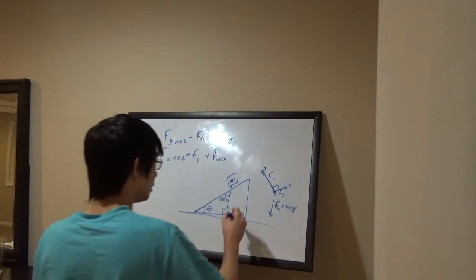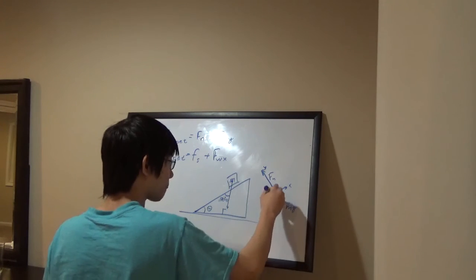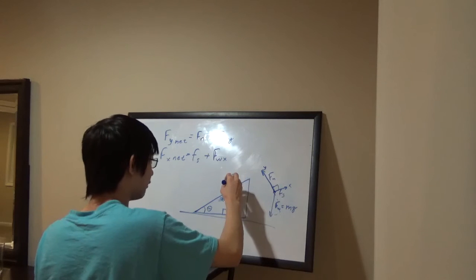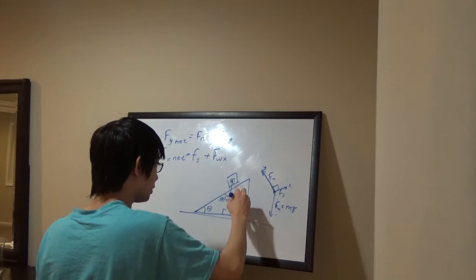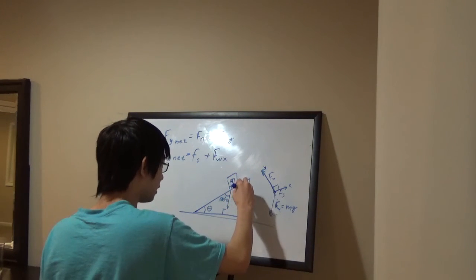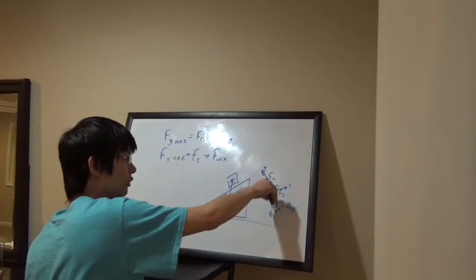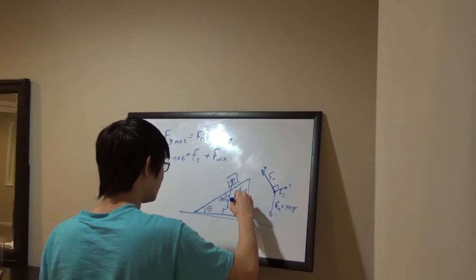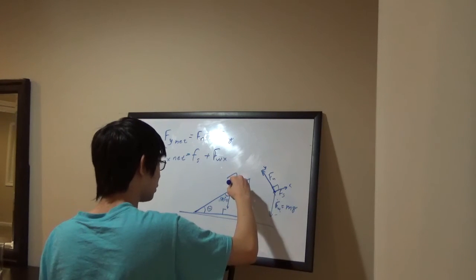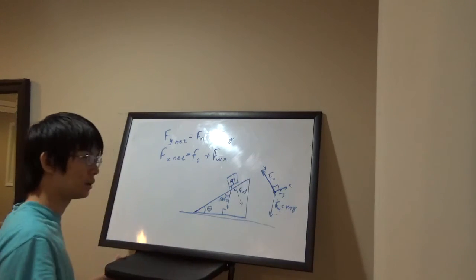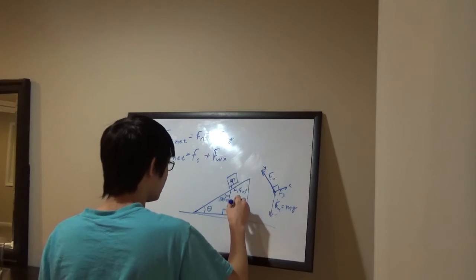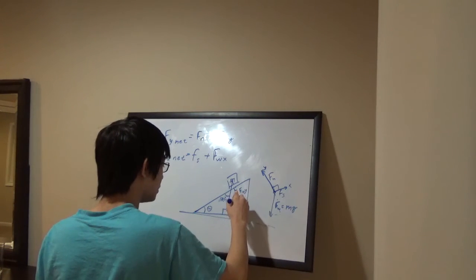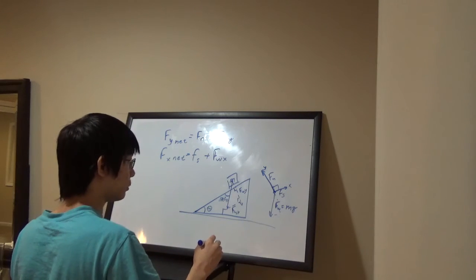What does that mean? Well, here we have the gravitational component, F of wy, that is along the direction of the normal force, that is perpendicular to the surface, right? So that means this is perpendicular to here, so this is also 90 degrees. So that's 90 degrees, and here's Fwx. This is 90 degrees. What do we know from here?